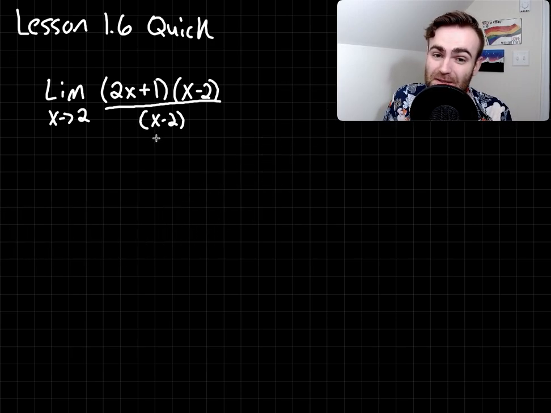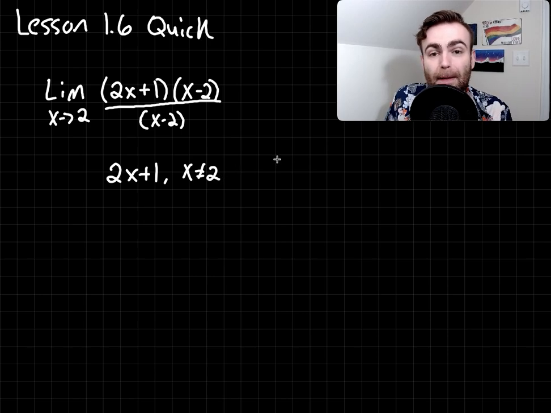Don't those cancel out to make a hole? And they do. This function can be manipulated to be 2x plus 1 with the condition that x cannot be equal to 2. But just because the value doesn't exist doesn't mean we can't evaluate the limit.